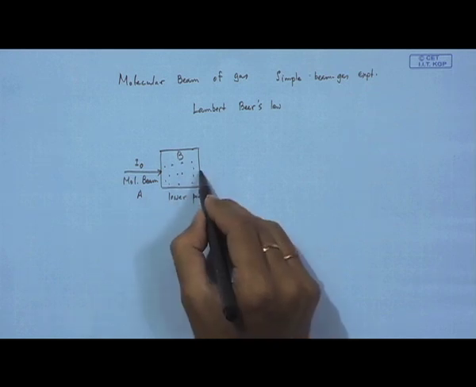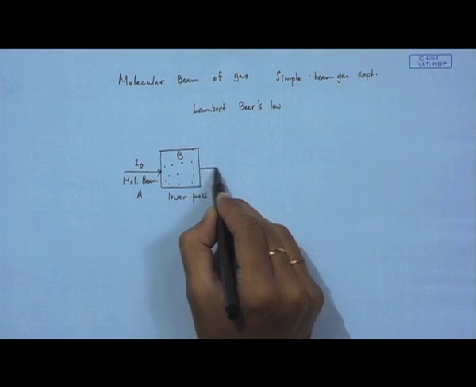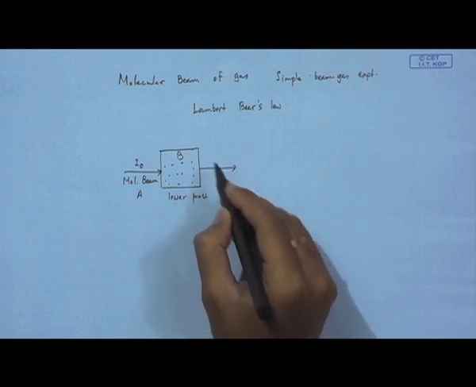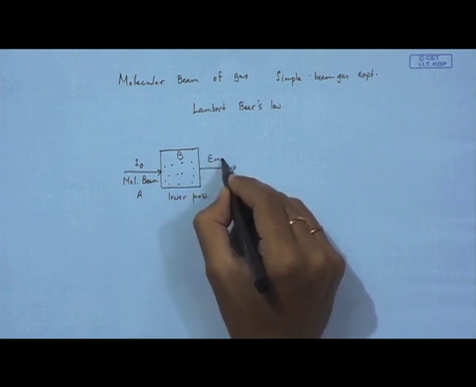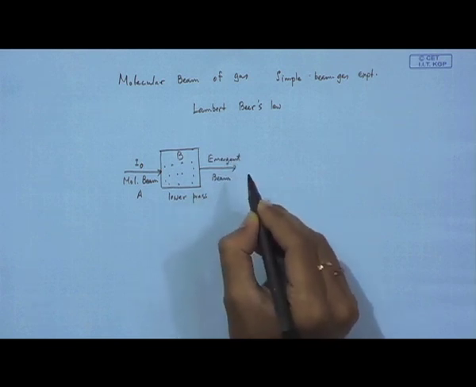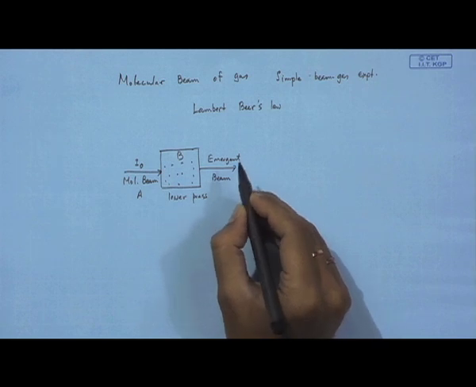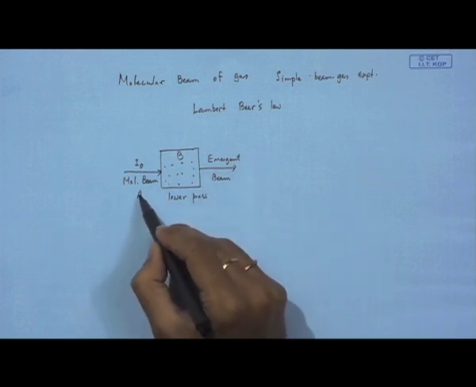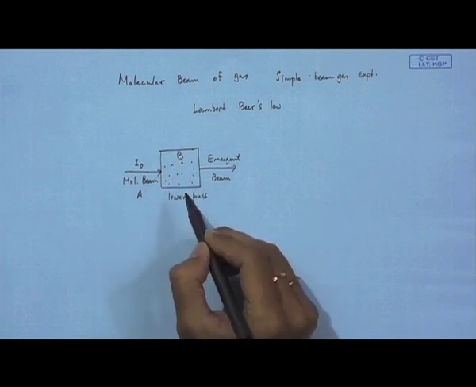So, the emergent beam will consist of A, unreacted B and AB.